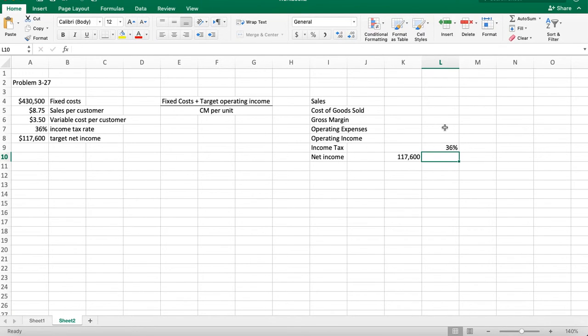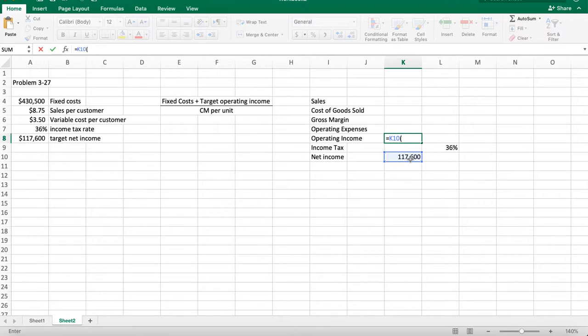And when you've worked in accounting for as long as I have, you basically know what the formula is, but it's your net income divided by 1 minus the tax rate. Net income divided by 1 minus tax rate, or 183,750.